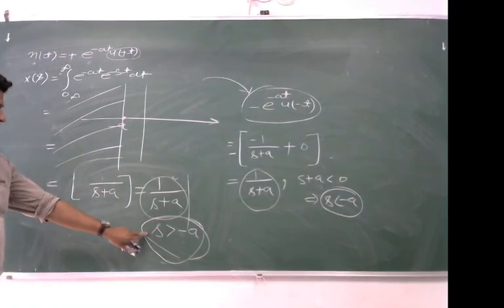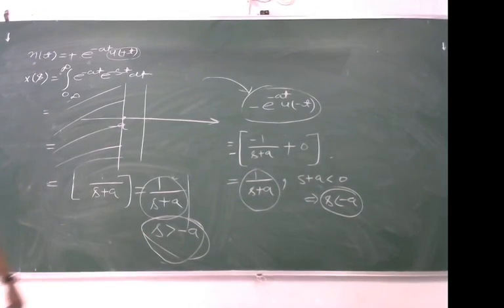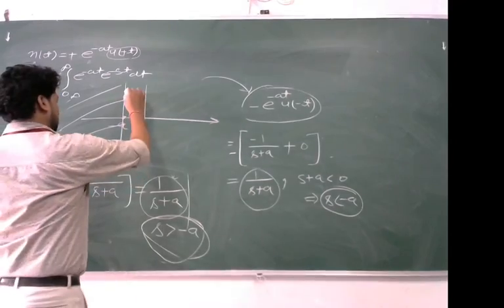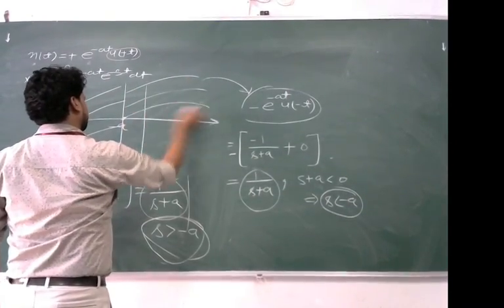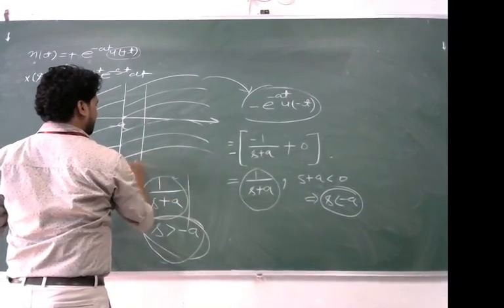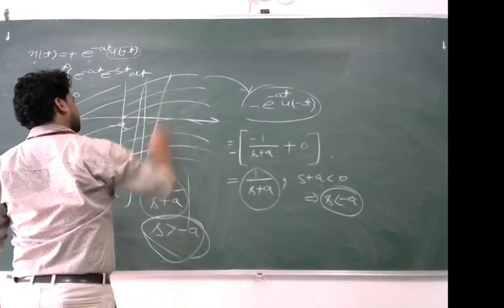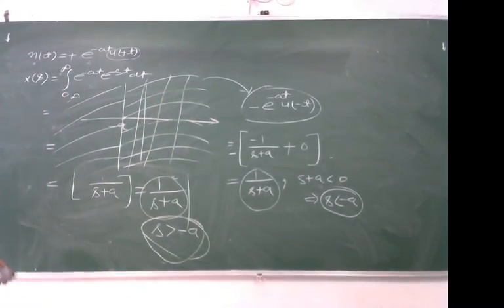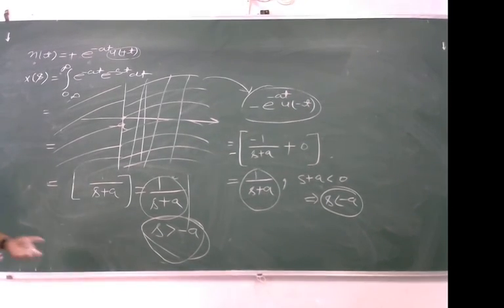Whereas the Laplace transform of e power minus at u(t) will exist for s greater than minus a. So although these two terms are the same, their regions of convergence are different. This is the speciality, or we can say the complexity, of the Laplace transform.